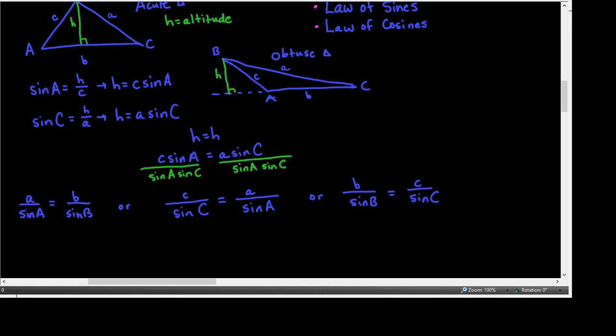And a lot of people will collapse this into one statement. But what this statement means is take any two of those at a time and they're equal. So basically one of these three that I've already written is what you'll use.